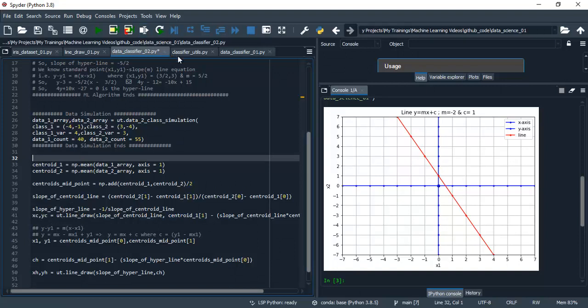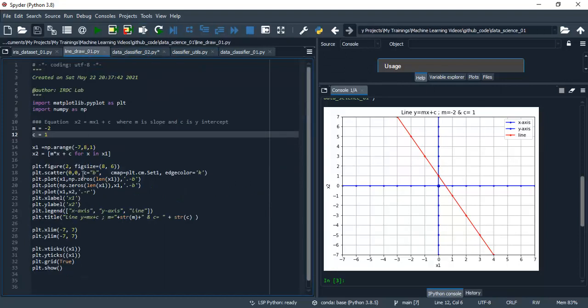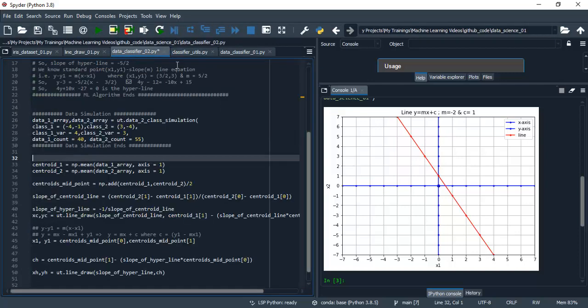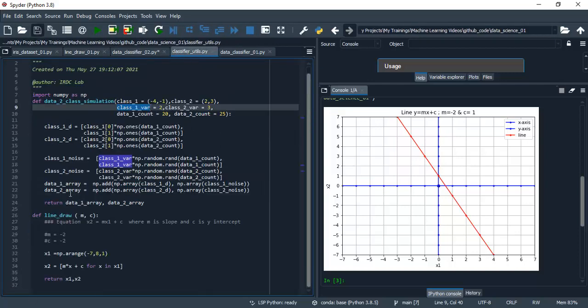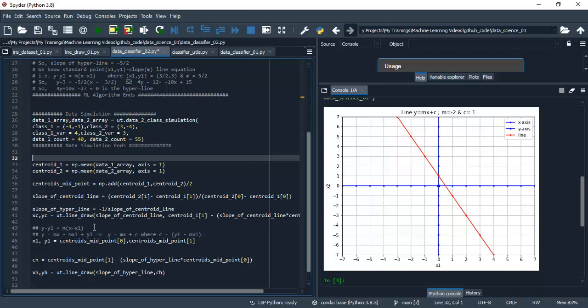I just took these instructions; in the classifier utility, line draw is also mentioned. You just pass the slope and y-intercept, and it will give you the x1 points and x2 points, which you can plot on the graph over here.